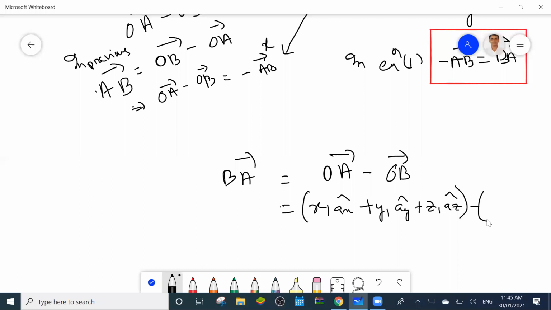Then second is x2 ax cap plus y2 ay cap plus z2 az cap. So what you got? That point you got.